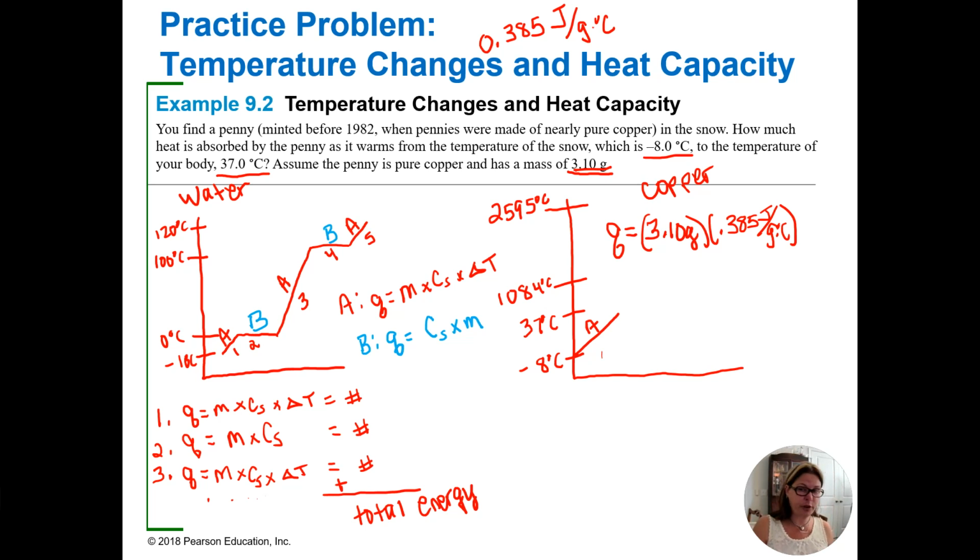So the overall temperature change, delta T, is 45 degrees Celsius.